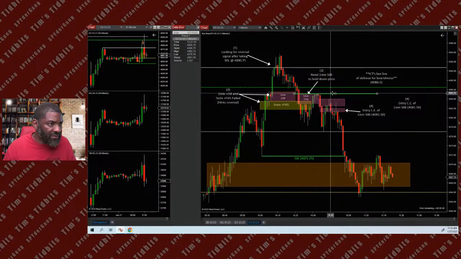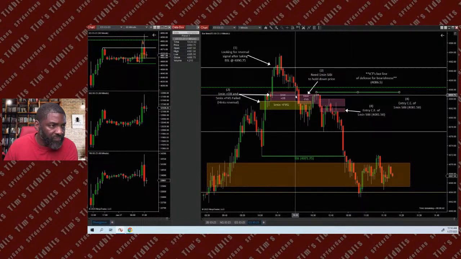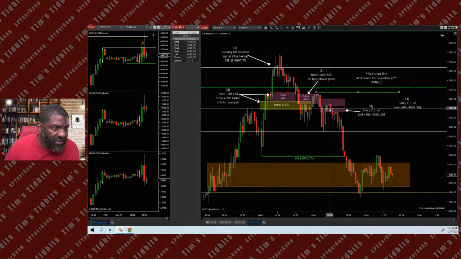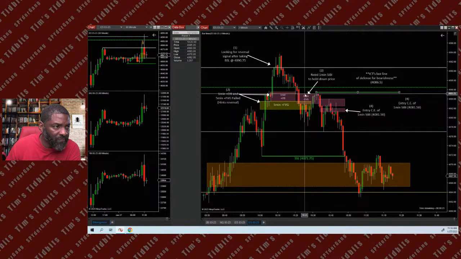Talk about this right here. I didn't talk about this before. Based off of this trade, if I was trying to enter off of this SIBI and didn't want this one right here touched, the stop would have been placed above this SIBI, where these smooth highs were. I like to give my stop like 1 point above.